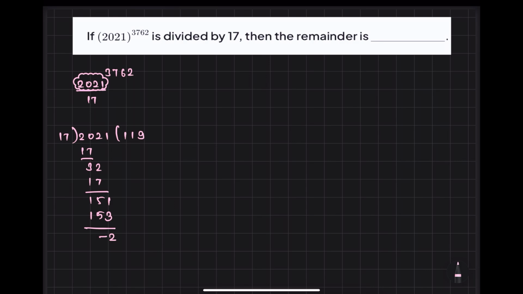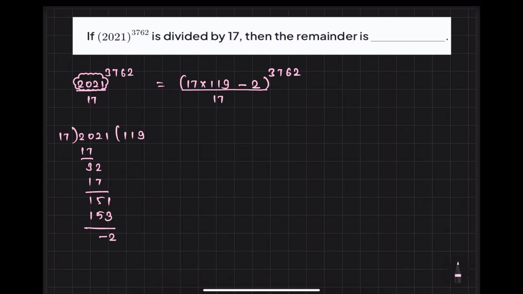So can I write this 2021 as 17 into 119 minus 2 power 3762 divided by 17, correct or wrong?